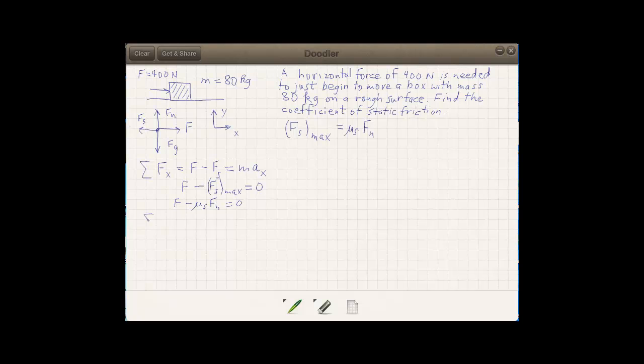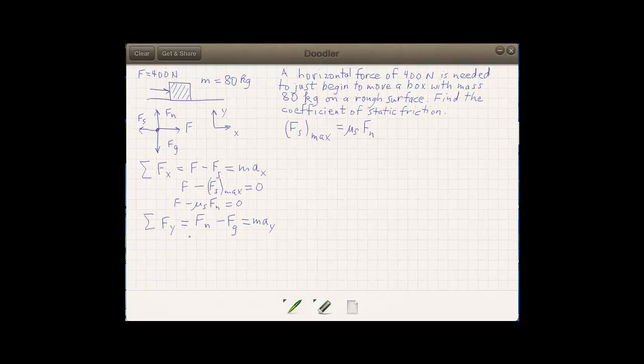And that other information comes from Newton's second law applied to the y direction of the forces that are acting on the object, the y components. Here we have a positive force in the y direction, which is the normal force. We've got the downward force of gravity, otherwise known as the weight of the object, and that's going to be m times a sub y. All right, the normal force we don't know.